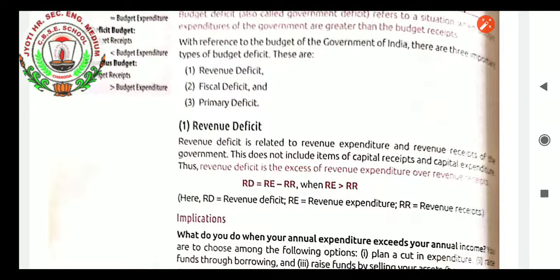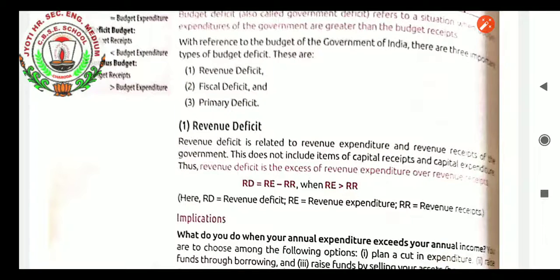It does not include items of capital receipts and capital expenditure. Thus, revenue deficit is the excess of revenue expenditure over revenue receipts. Revenue deficit equals revenue expenditure minus revenue receipts, where revenue expenditure is greater than revenue receipts. RE is revenue expenditure, RR is revenue receipts.